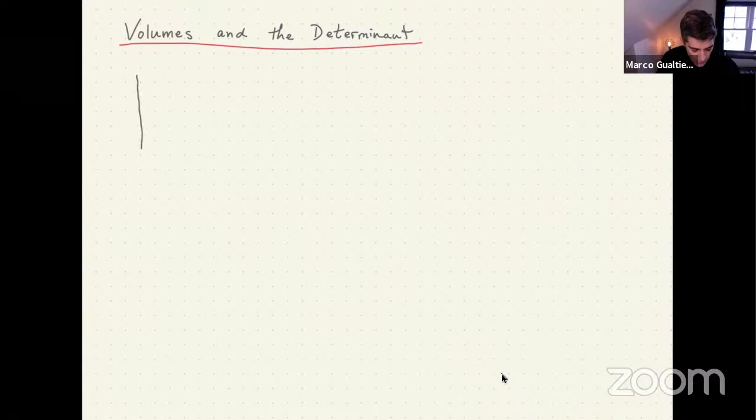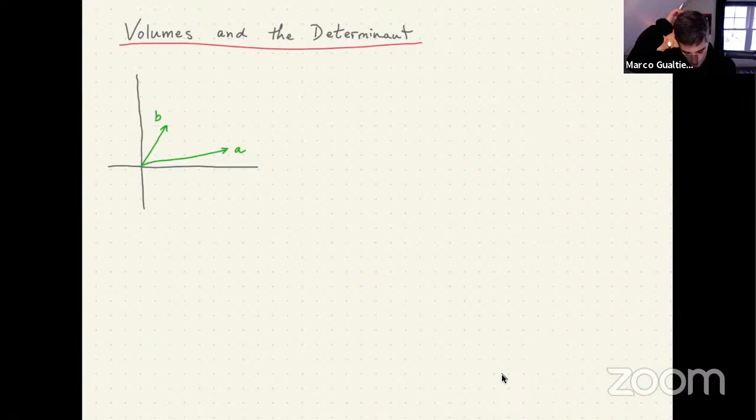If we have a vector space, and let's say it has dimension 2, suppose that I give you 2 vectors, A and B. Now A and B are linearly independent, as you can see. And from A and B, I can create a parallelogram.